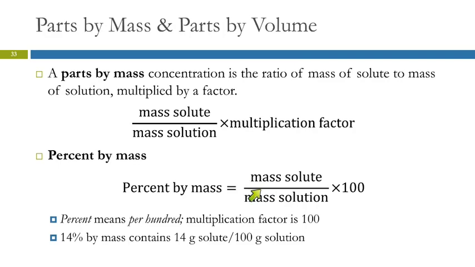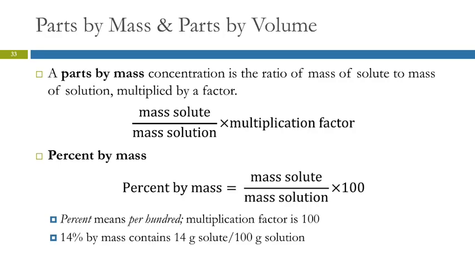The units that you use for the masses here could be anything that's convenient for you. It's just important that the mass of the solute and the mass of the solution be measured in the same unit. You could measure them in pounds. 1 pound of solute in 2 pounds of solution. The units cancel out, it doesn't matter. That would be a 50% by mass solution.